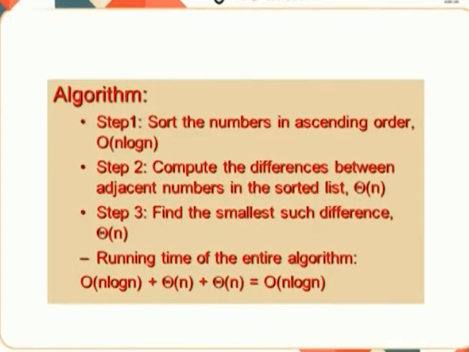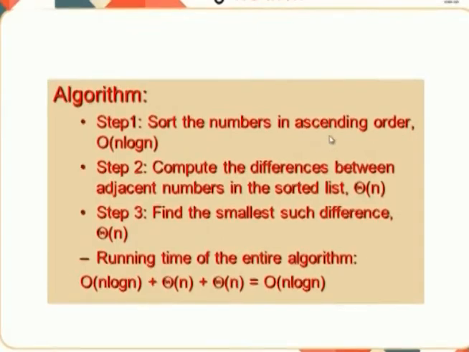So, we do not want to store them in an unordered manner, and another advantage is that if we store them in an ordered manner, then I have to compare only the adjacent points. So, because of this particular reason, in step 1 I am going to sort all the numbers in ascending order. For that I have to use an algorithm. Suppose I am using merge sort or something, I will get the complexity as order of n log n.